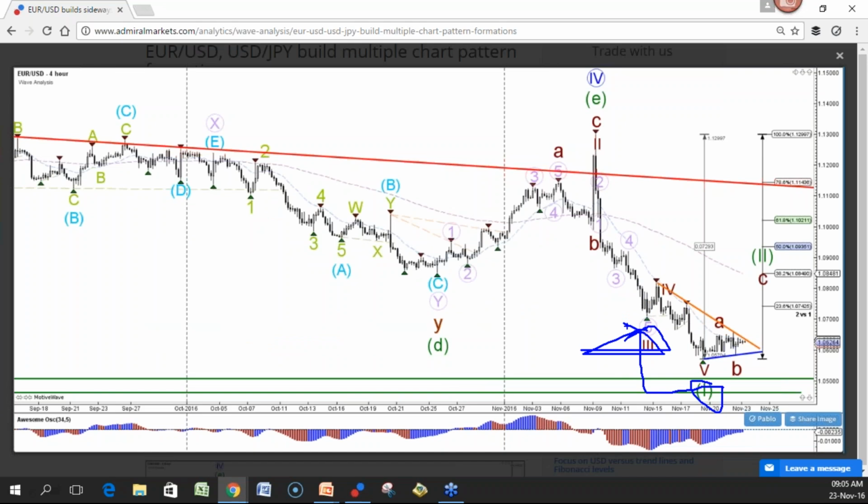But I thought it was more questionable in total where this particular downside could end than the ABC up. So not every particular wave count is equally likely, if you see what I mean. I always show you the most likely one, but not every one has the same likelihood.